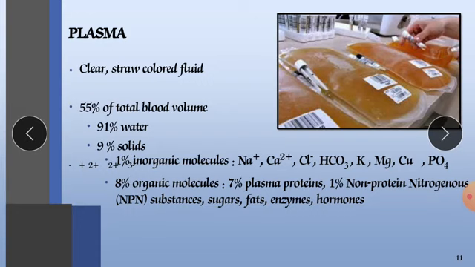There are almost 8% organic solids and 7% plasma proteins. Most proteins are produced by the liver cells. These proteins are responsible for colloid osmotic pressure and are major contributors to blood viscosity, and they transport hormones.